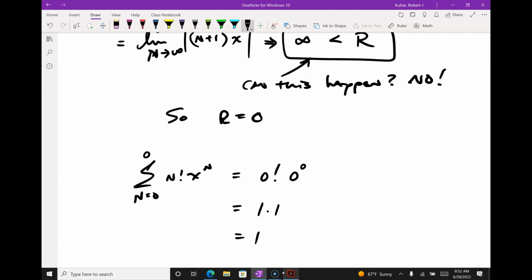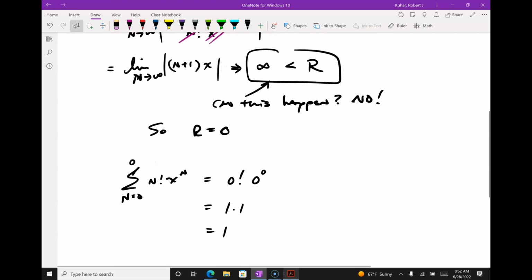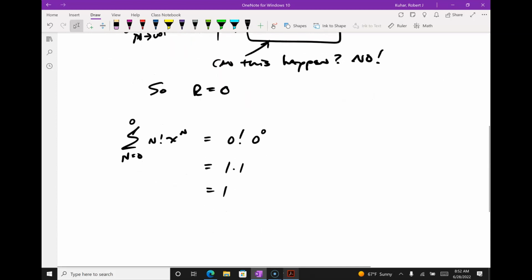So it converges to 1. That's all, and every other term is gone. Remember, my first term of my power series, x to the 0, we're always saying that that's 1, whatever the coefficients turn out to be.